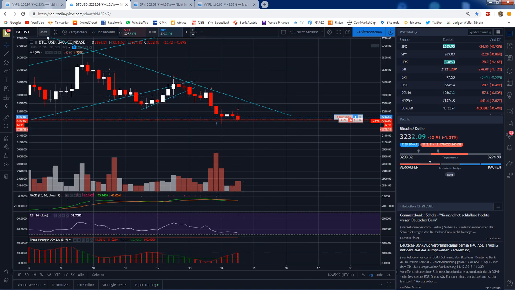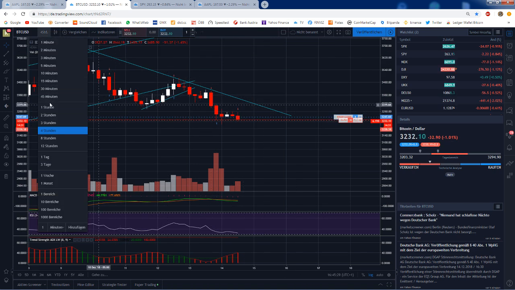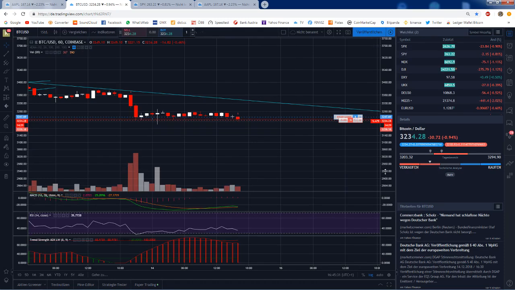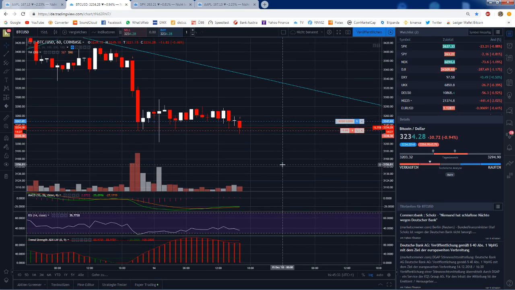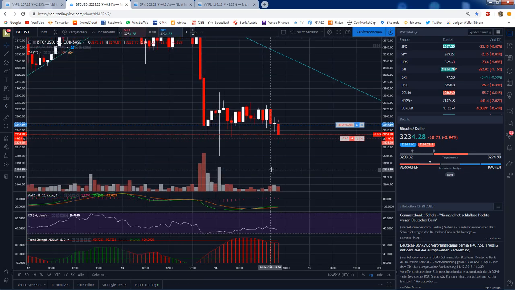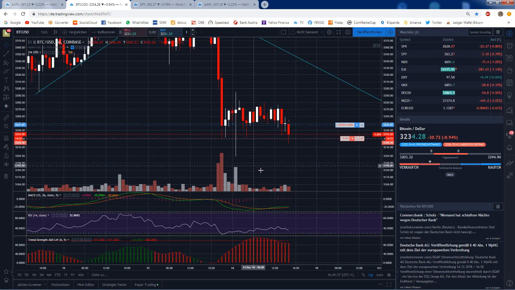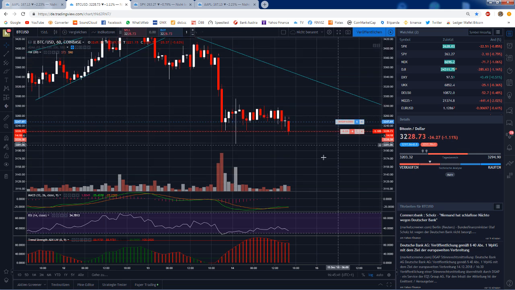So yeah, we haven't rebounded just yet. I'm now in the red, as you can see. We have increasing volume, so that's interesting, which could be an indicator for a break.